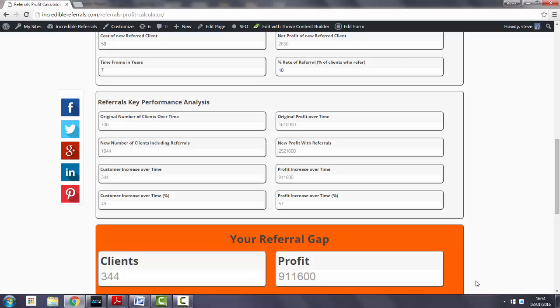Then your gap between the number of clients you have and the profit is here. What I mean by that is that your original profit with those costs here was £1,610,000.